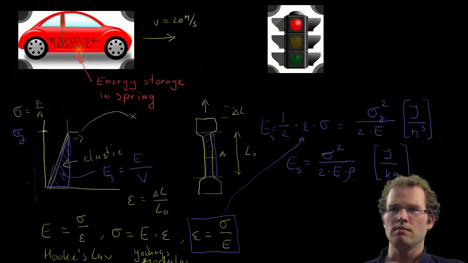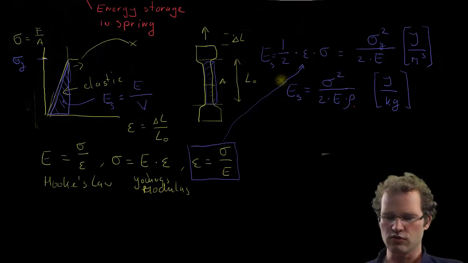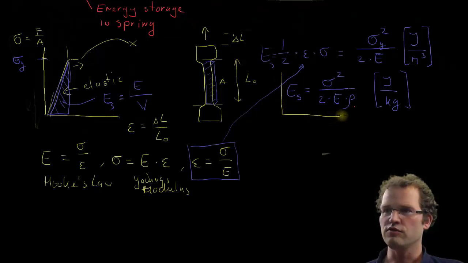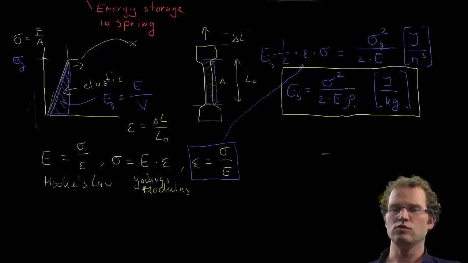How much spring mass would I need to store all the energy of a moving car at 72 kilometers an hour, 20 meters per second, to stop for a traffic light and then use this energy again to accelerate the car again? This will be done in the next video with this formula. This is a very important formula for the specific energy of every material, and this will be done in the next video.